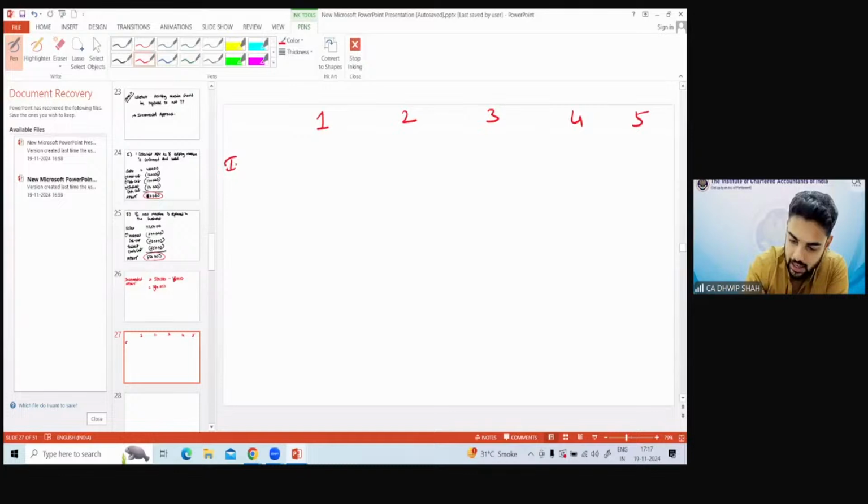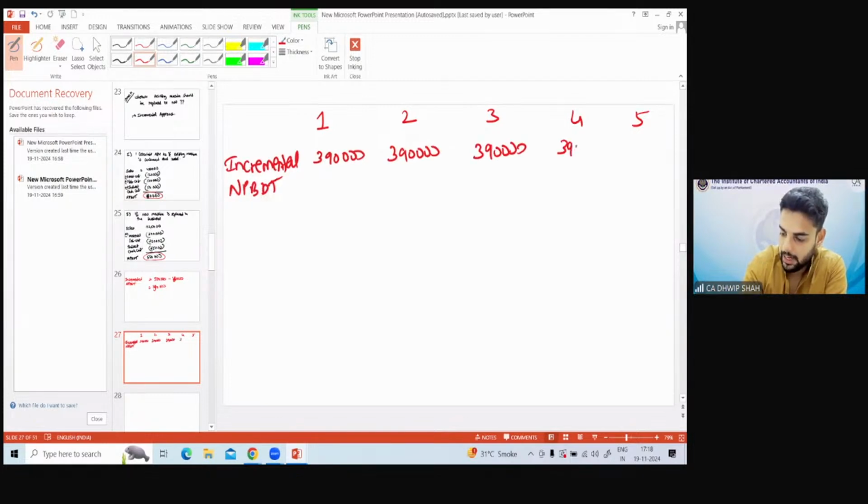My incremental NPBDT would be 390 every year. Incremental is nothing but the additional benefit, additional NPBDT that existing machine generates by replacing to the new machine.